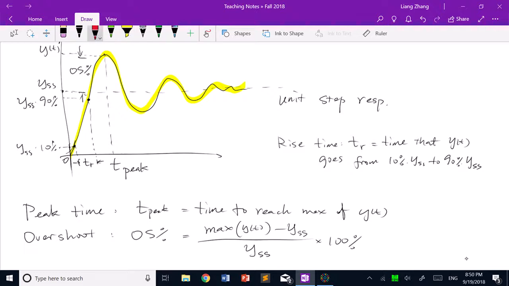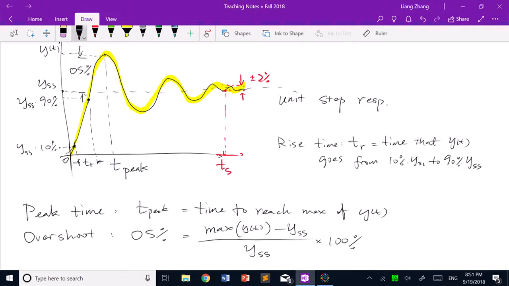This is what we usually call the settling time, T sub s. The settling time is usually defined as the time needed for the system to reach plus minus sometimes 2%, sometimes 5% of your steady state level and remain within this range.